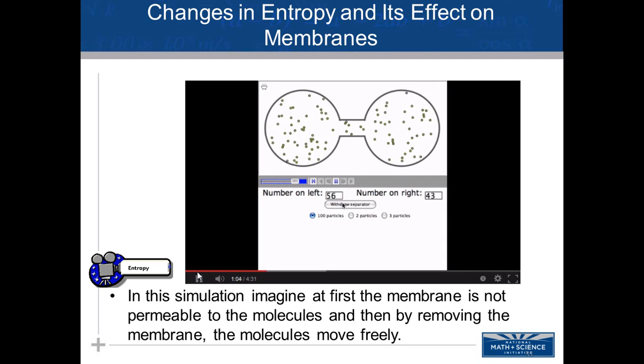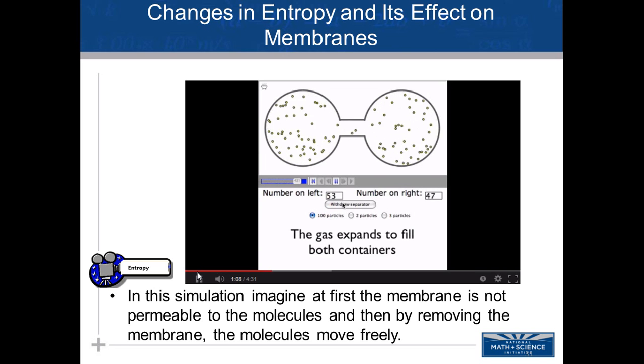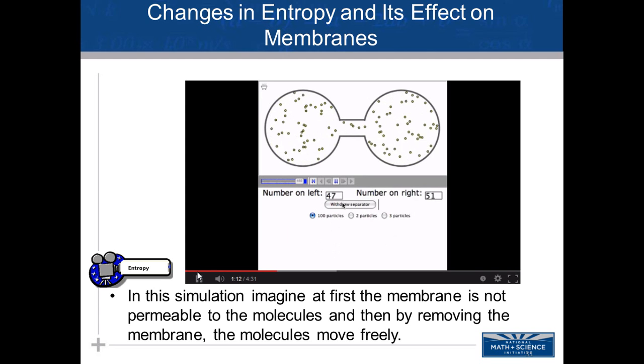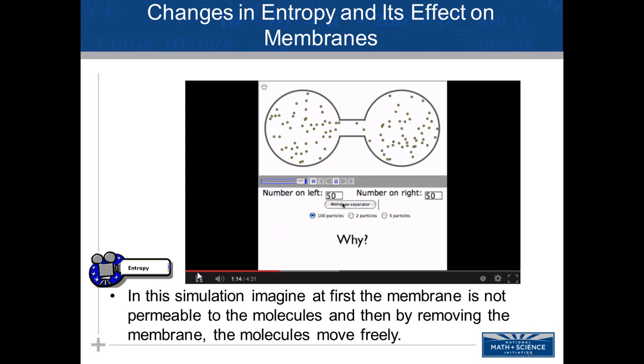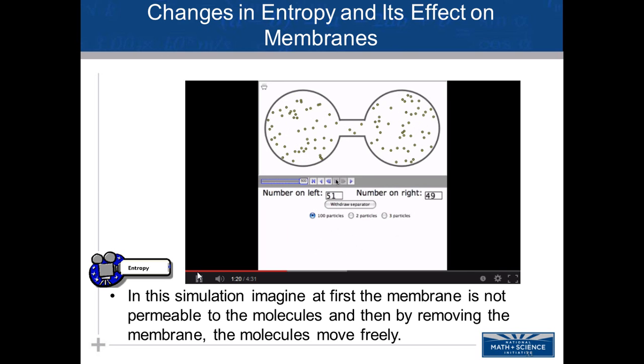We're approaching equilibrium. All right, so the gas now expands to fill both containers. We see the numbers oscillate around 50, but it's going to stay around 50, more or less on both sides. So entropy is a driving force in moving things across the membrane.